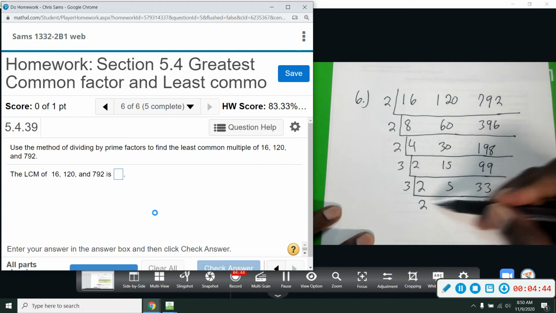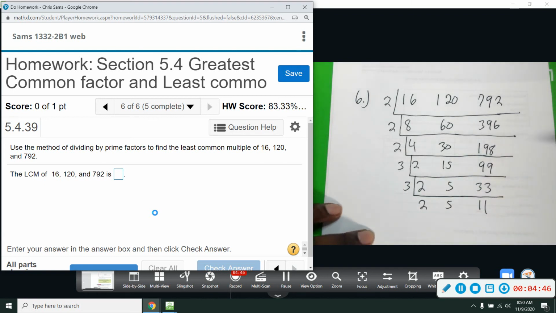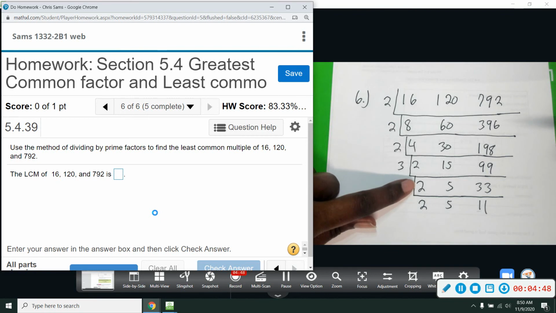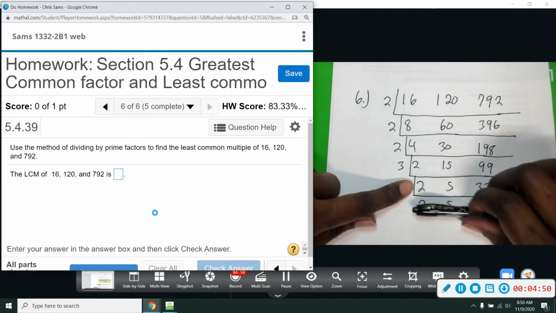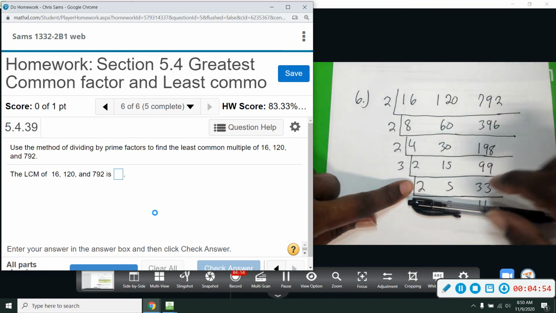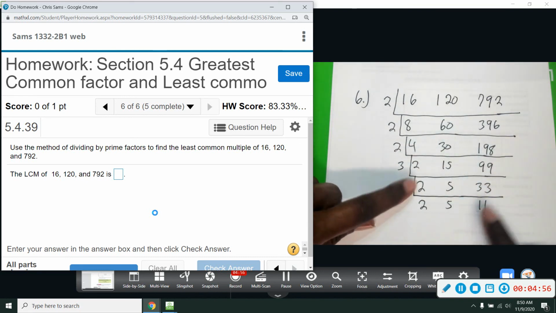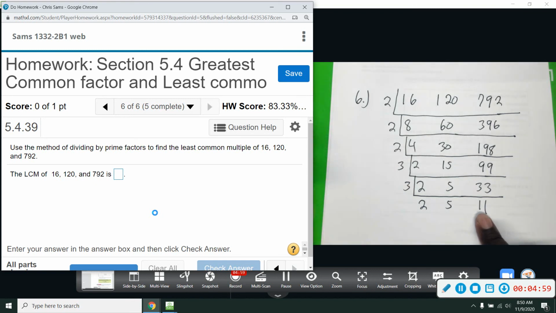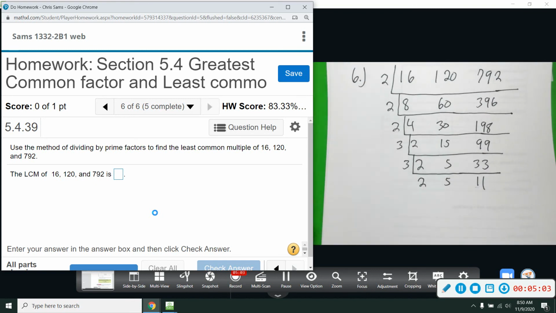Now at this point, all of these are prime. So I'm going to look at it 2 different ways. I'm going to look at stopping here, and just doing all of these numbers on the outside. The only thing that we did different was 3 times 11, which is still 33. So it should be the same, but you go as far as you can in this method.